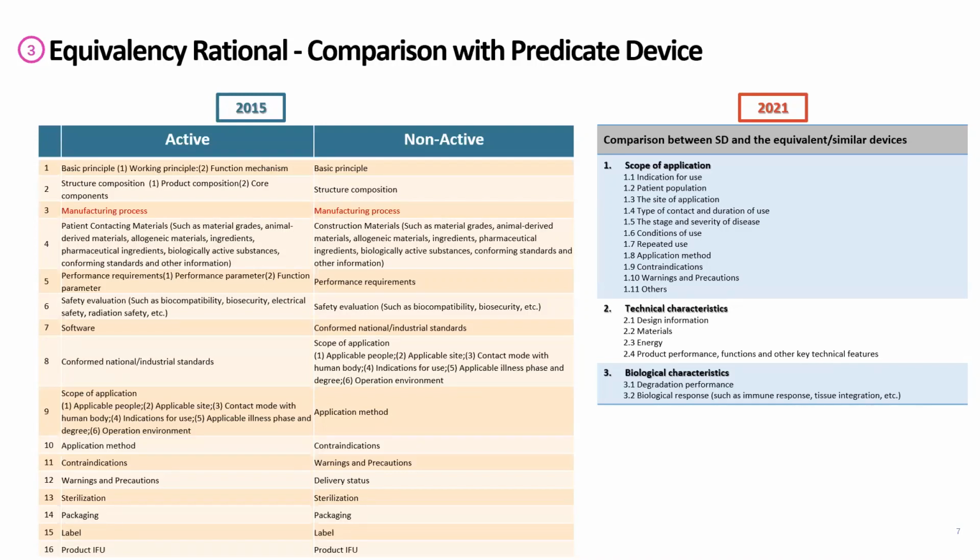And the next is the condition of use, repeated use, application method, contraindications, warnings, and precautions. I think it might be easy for us to find these from the IFU.